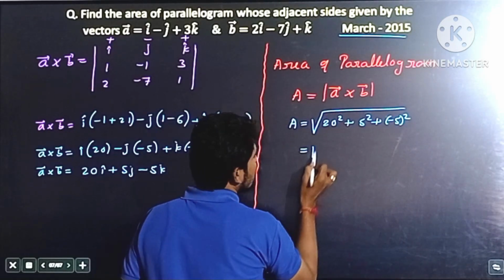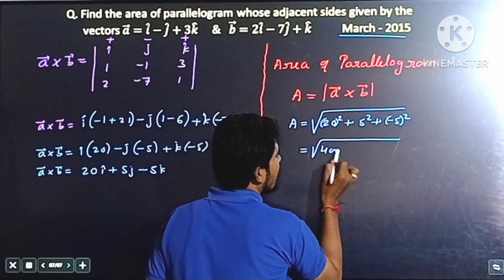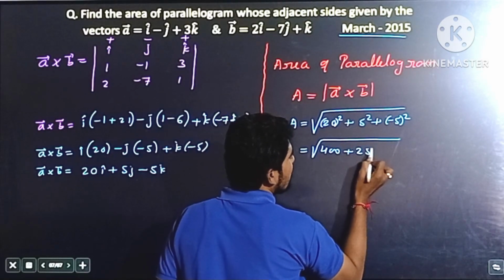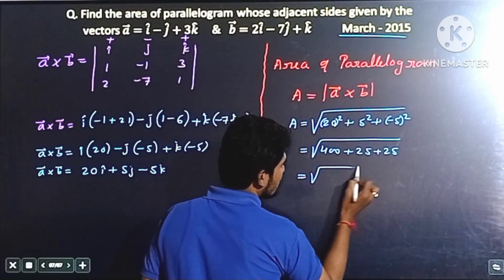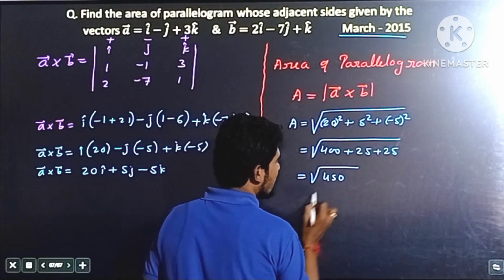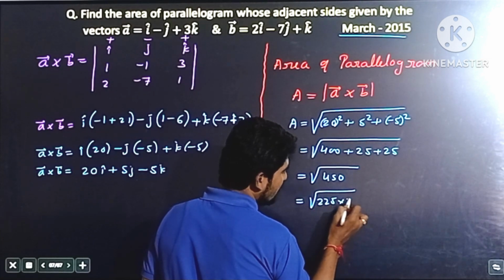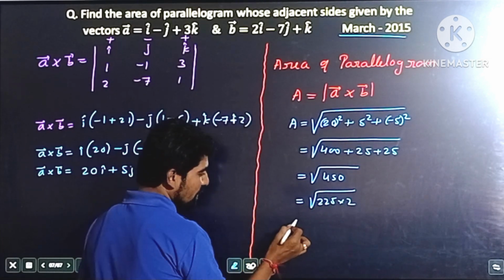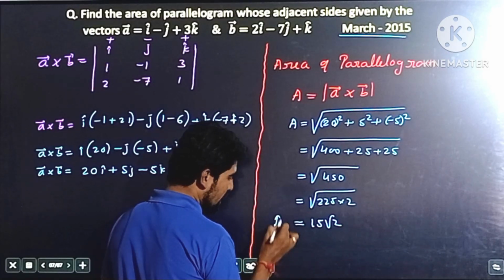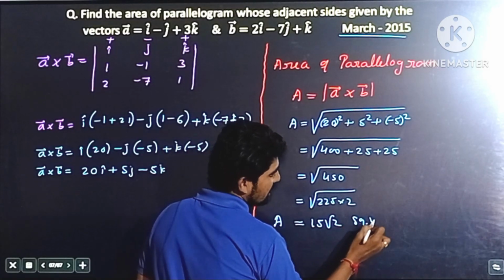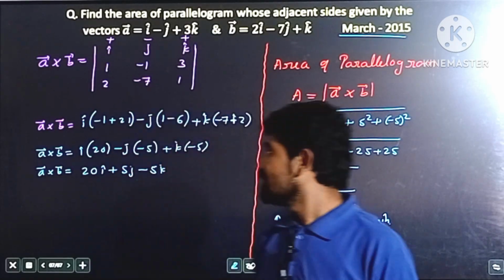So that equals the square root of 400 plus 25 plus 25, which is the square root of 450. And 450 can be expressed as 225 into 2, and we know that the square root of 225 is 15, so 15 root 2 square units is the required area of the parallelogram. I hope all of you understood.